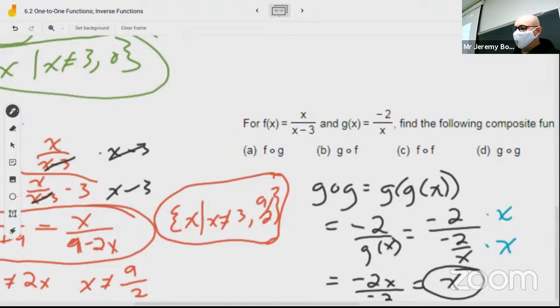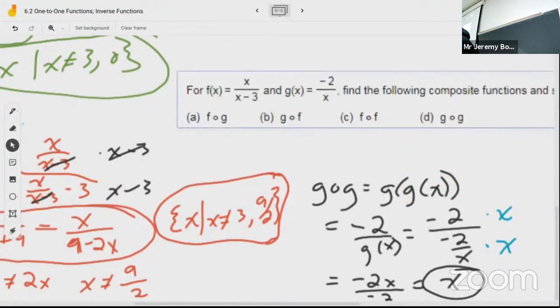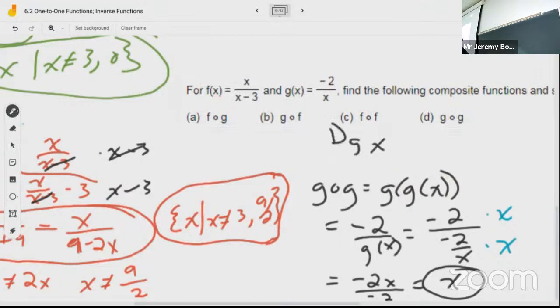And so if we're trying to find the domain of this, first we need to look at the domain of the inner function, which tells us x can't be 0. So we know the domain of g, x can't be 0. We need to look at the domain of the function we found, which has no domain restrictions, right? It's just x. No variable in the denominator, no variable under an even root.